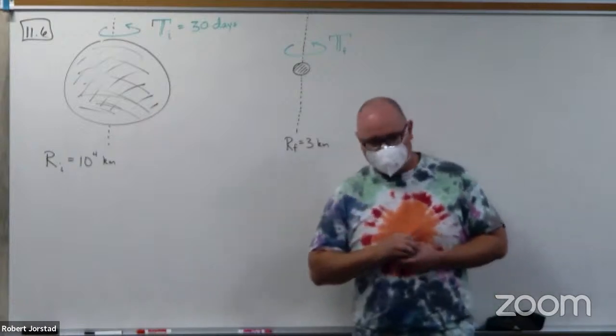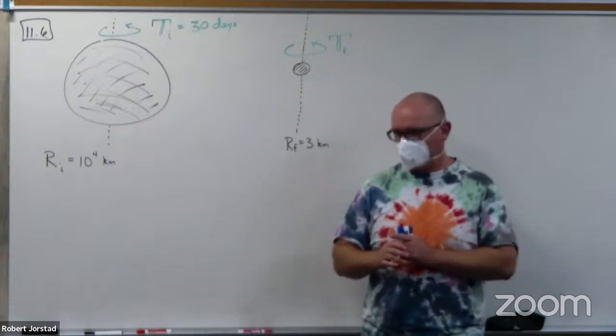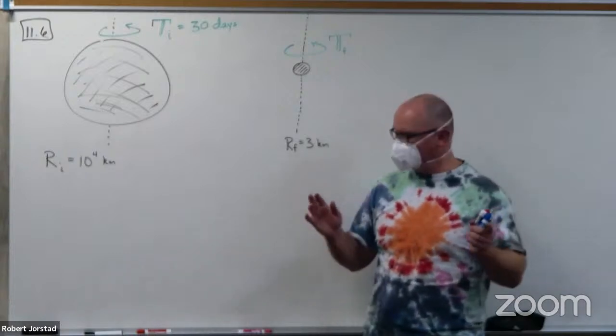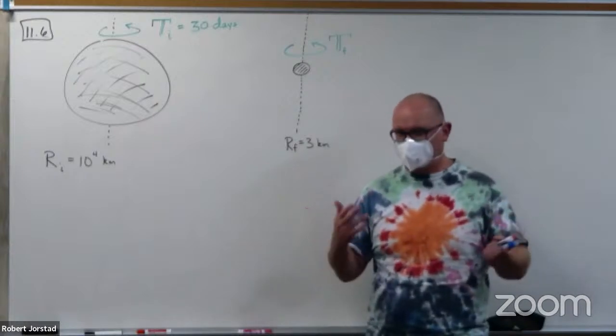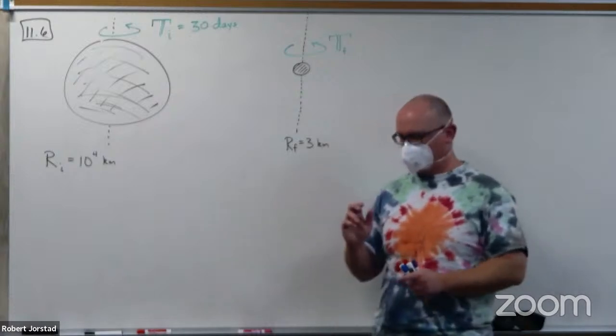We're going to make another assumption here. We're going to assume that this star has a uniform mass distribution. That's obviously false, but hopefully it's approximately true, and it will give us a feeling of how a star collapsing might affect its rotation rate.